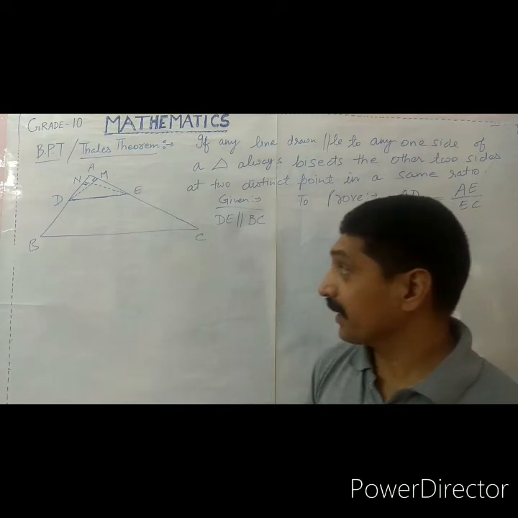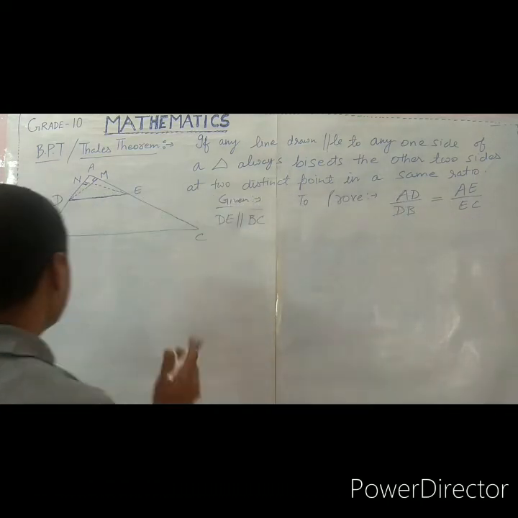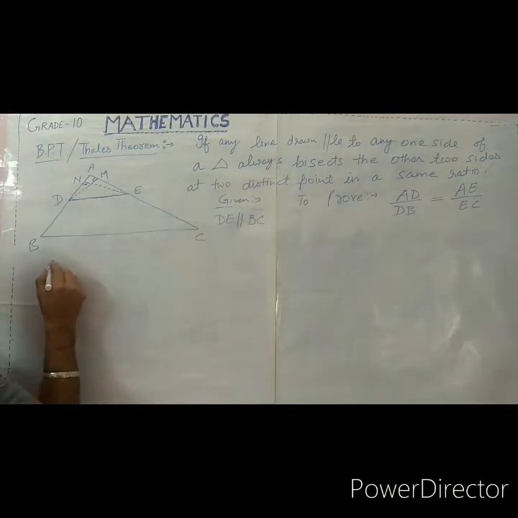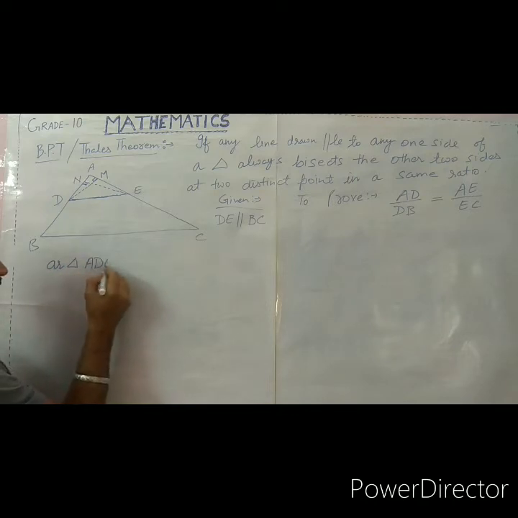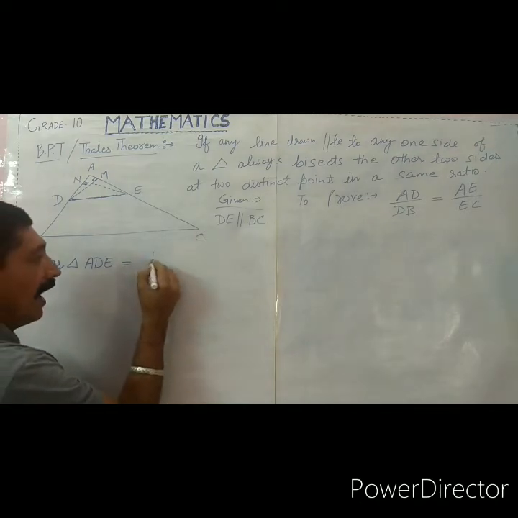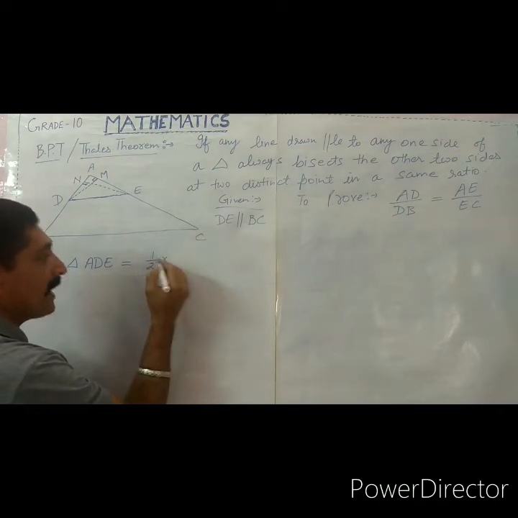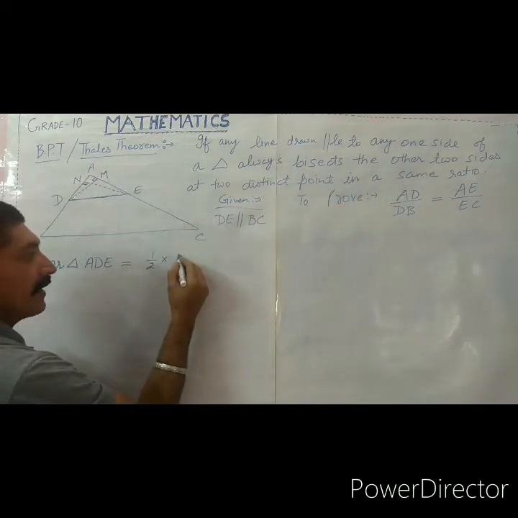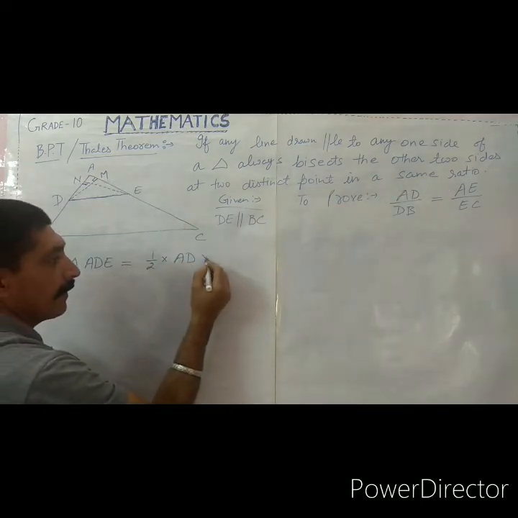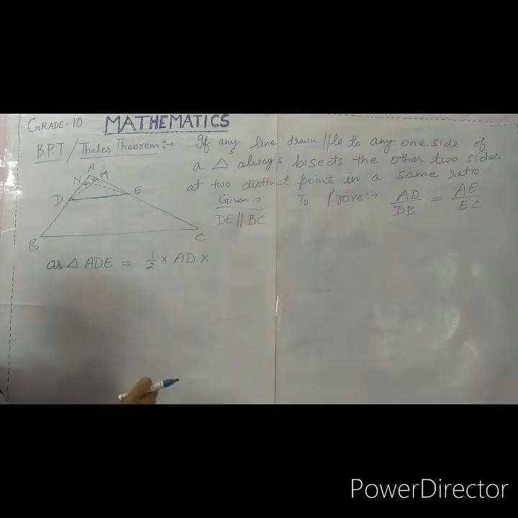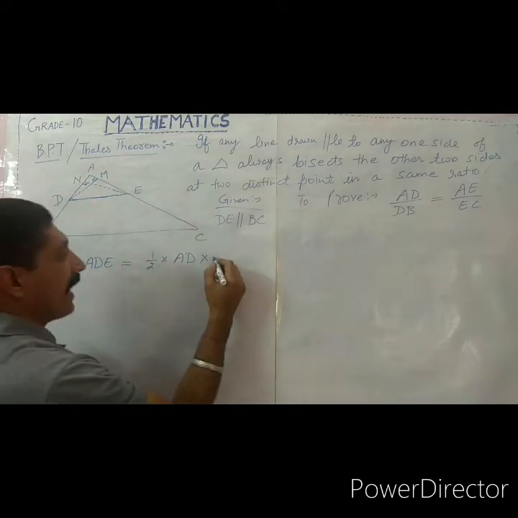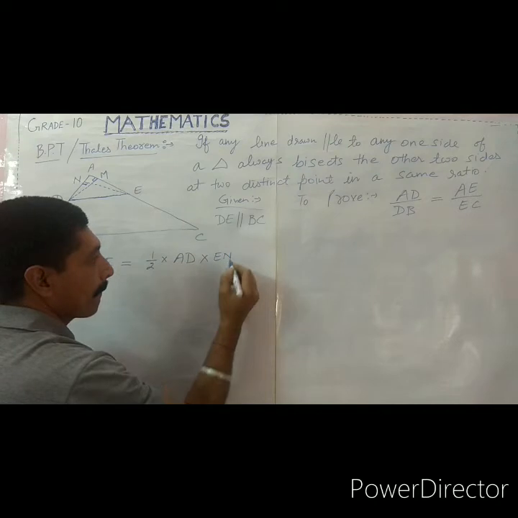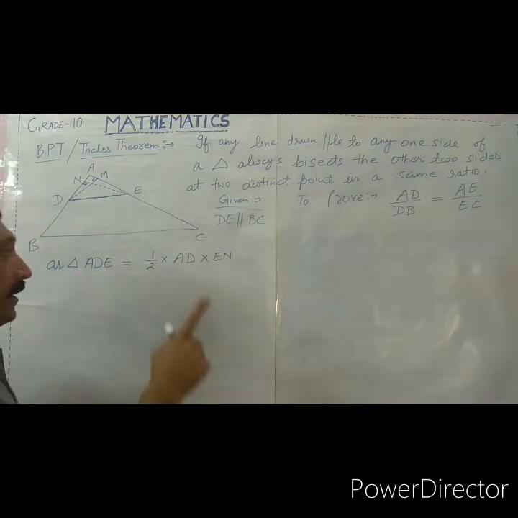Now we will start here. First step, area of triangle ADE is equal to half base AD and corresponding altitude here is EM, right?